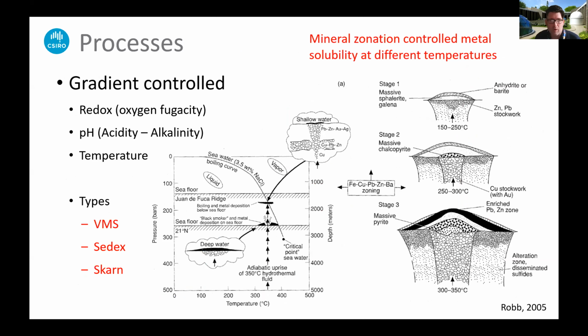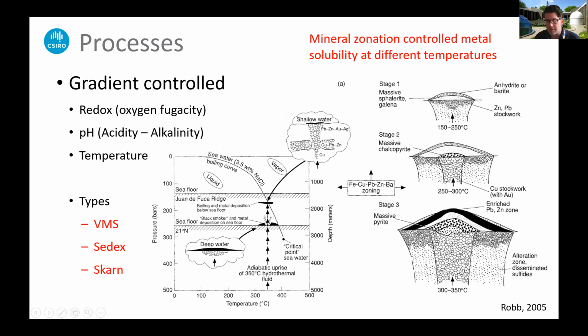In a more simple way, you can think about the magnetic minerals as being controlled by gradients. So potentially redox gradients or pH, temperature gradients. So here's an example, and this is basically a VMS system. And in this, the zonation of the metals is controlled by metal solubility at different temperatures.